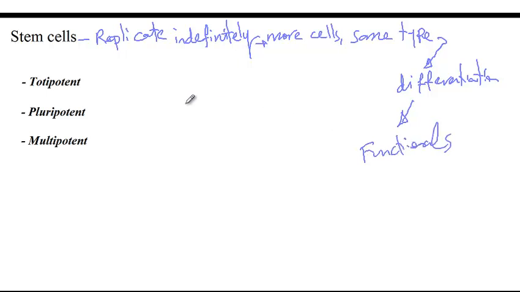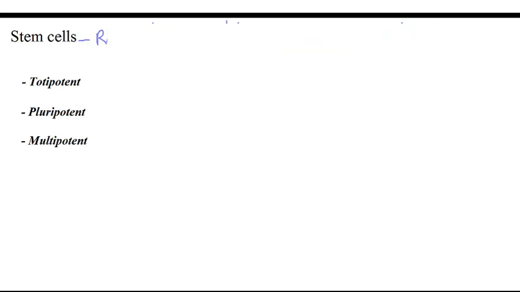So now let's discuss the difference between different types of stem cells that we have here. All right, the first one is the totipotent, also known as omnipotent stem cells, and these will give rise to all the cell types in the body in addition to extraembryonic and placental cells.